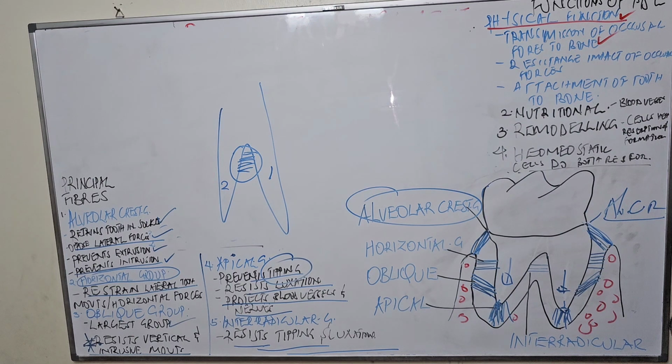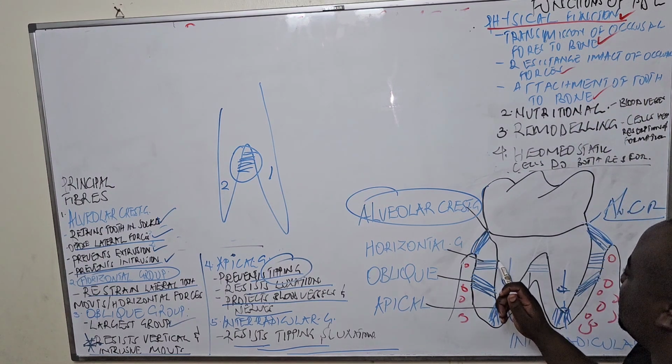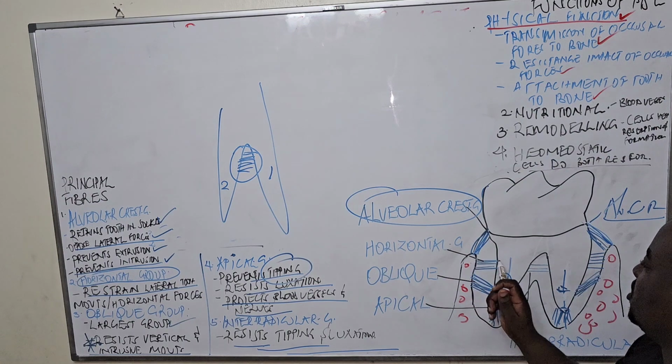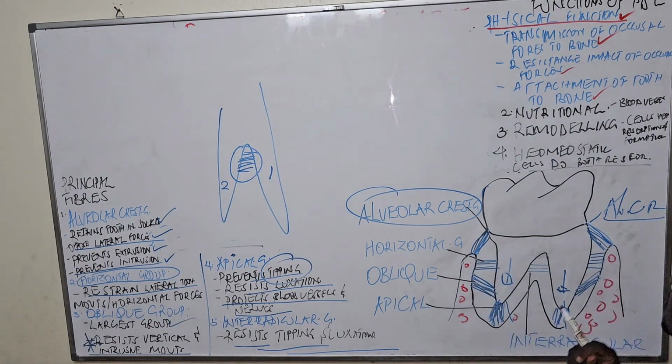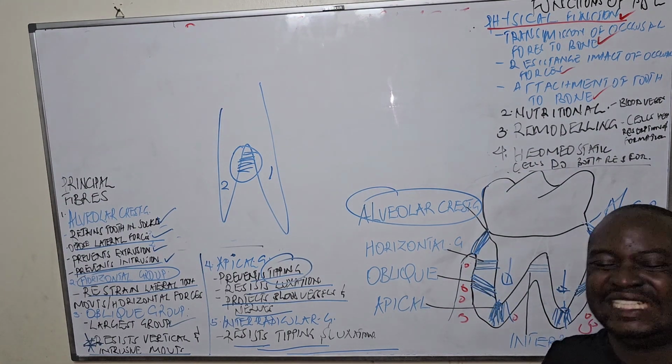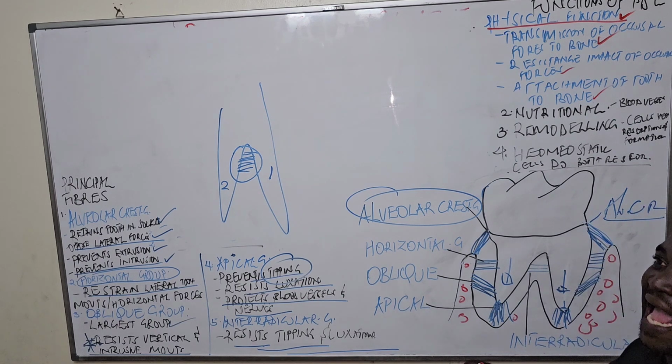Resist the impact of the forces. Sometimes the force is much, but these fibers cushion or absorb this force. Attachment of the tooth to alveolar bone. This is the tooth and the alveolar bone is here, so they connect. That is why you are able to eat without any fear.